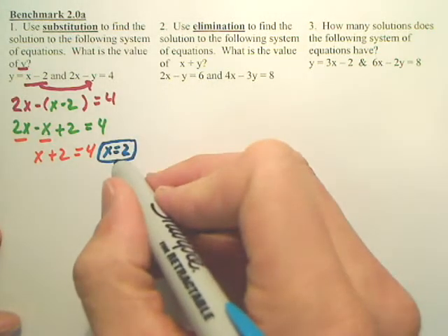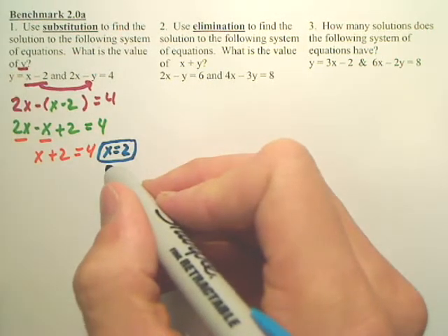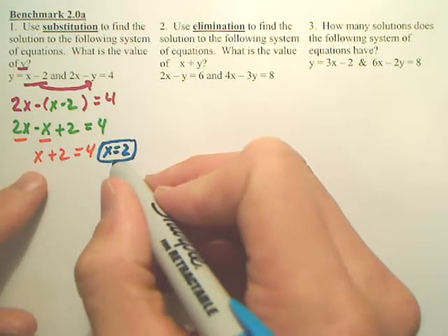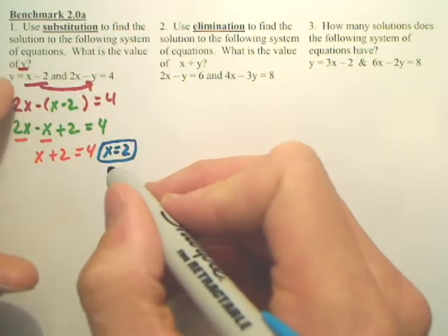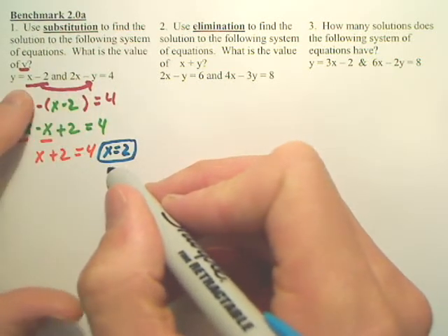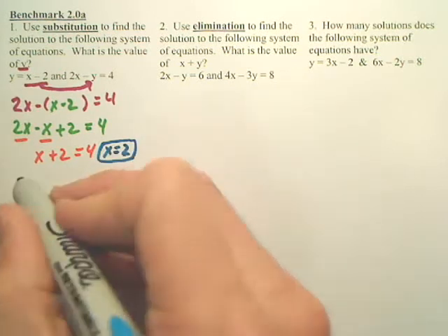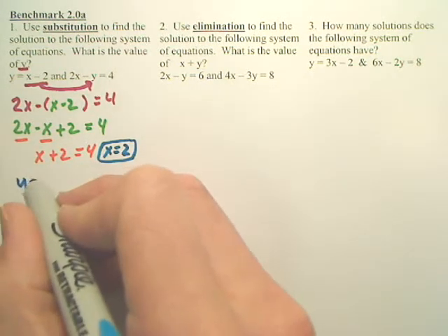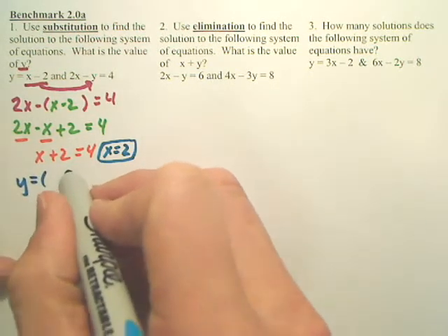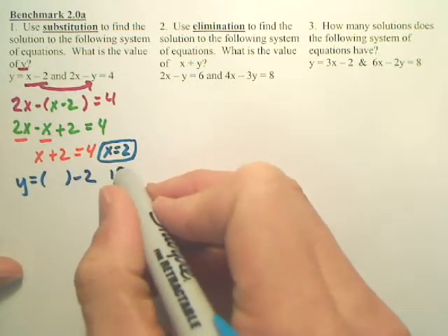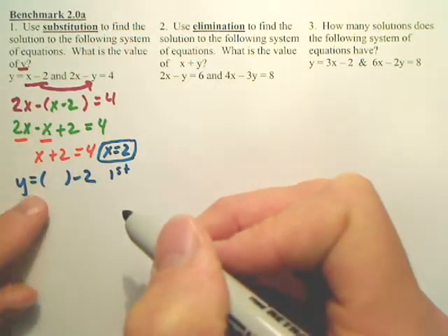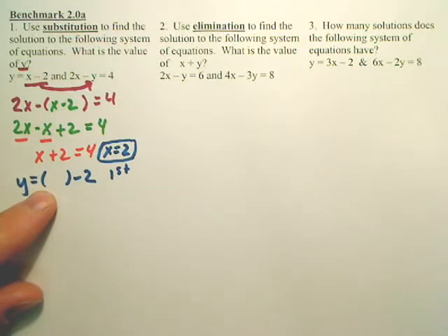Now, we have x. We want y. So we're going to take x and plug it into one of these original equations. I would say the first one, a lot easier. So if you take the first equation, I left a blank for x, and what am I going to plug in?